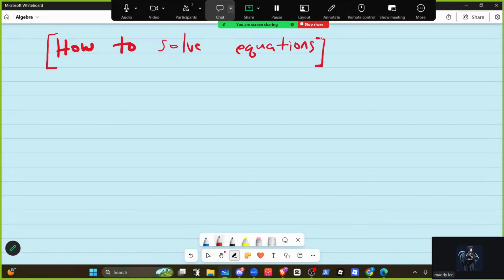And this is probably the most fundamental subject in algebra because you'll be using it so much in everything you do.